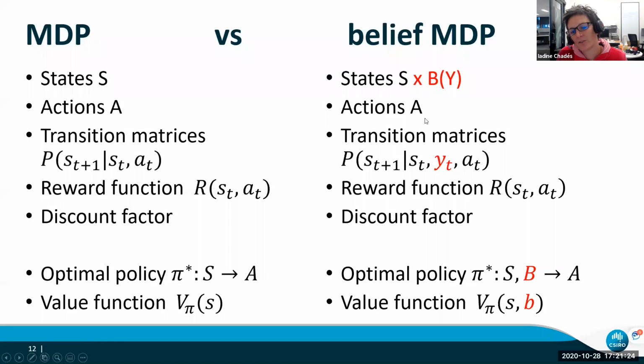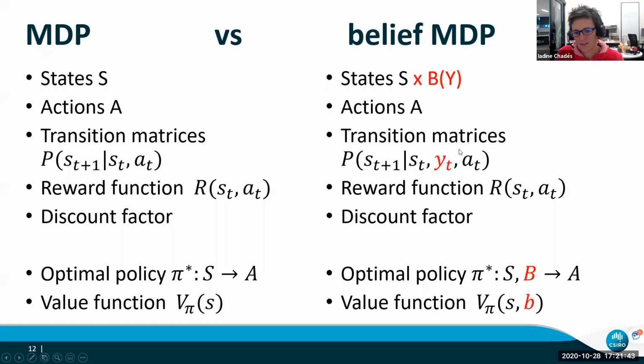Our actions stay unchanged. There's a different way of representing transition matrices. I prefer representing them this way, so let's go with that, but I'll talk about a different way of representing it later on.